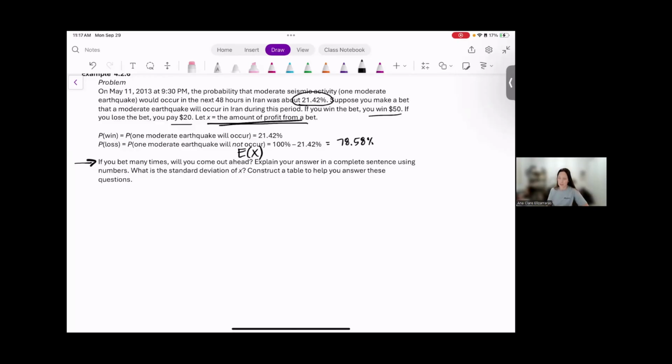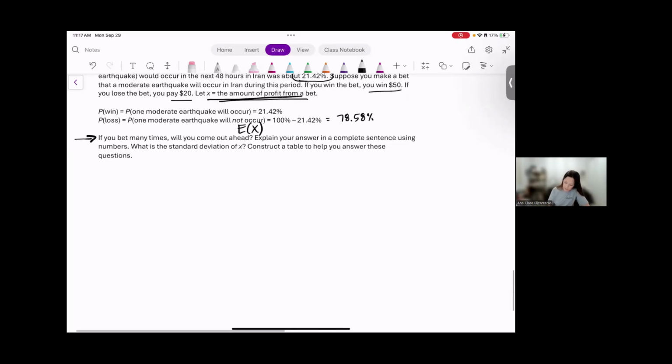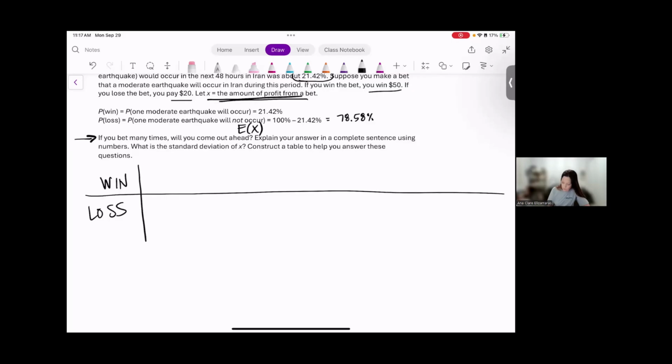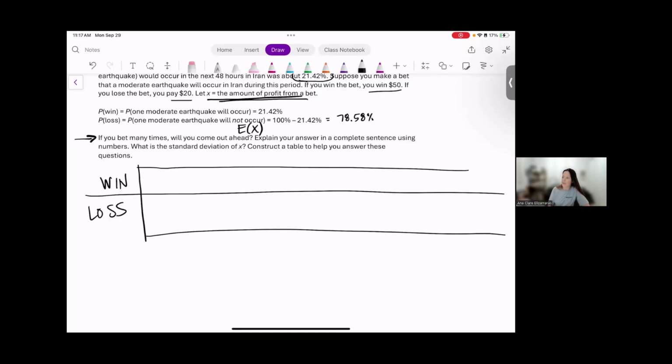Let's construct a table to answer these values. All right, so we have a win and we have a loss. Those are our two options. Winning is when you win $50. So that's the X value.